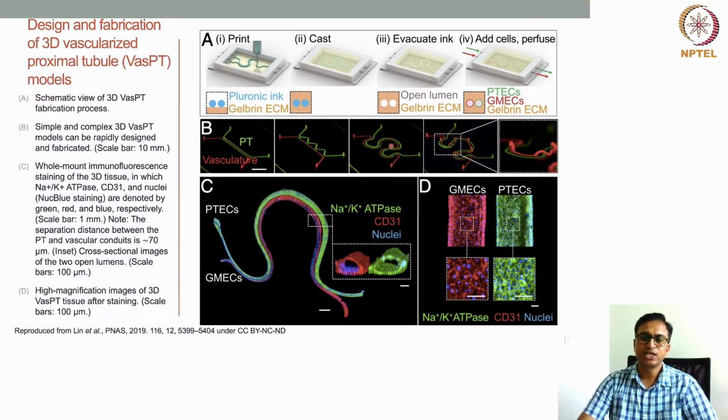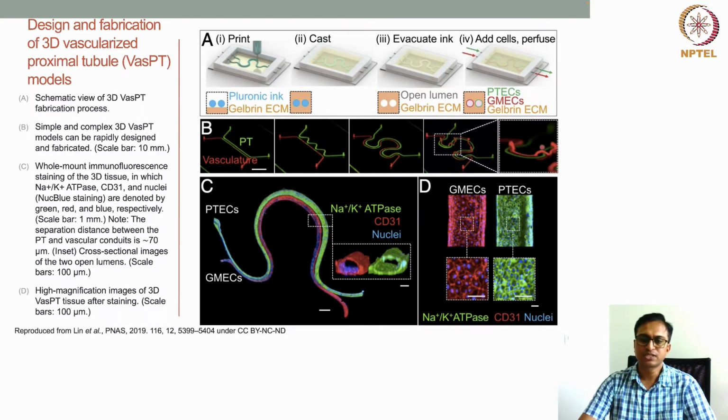These two channels are very much connected, and you can clearly see the PT, proximal tubule, and the vasculature. In the PT the epithelial cells are there, and in the vasculature the endothelial cells have been perfused.